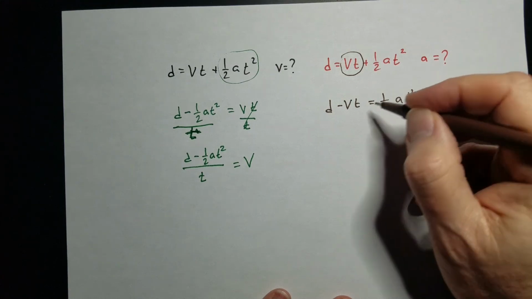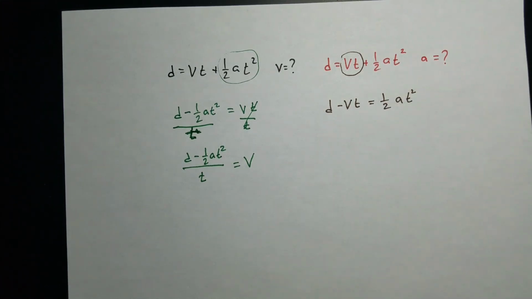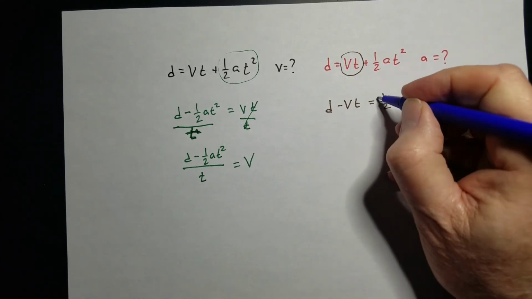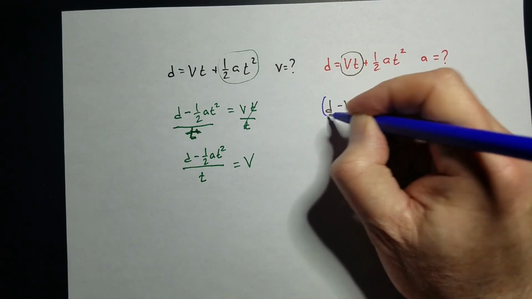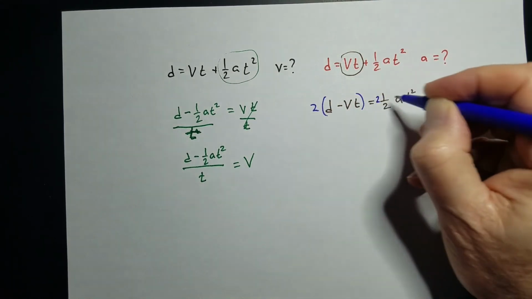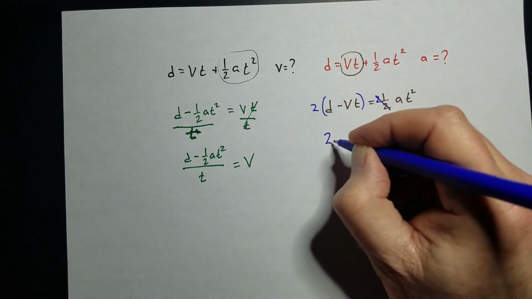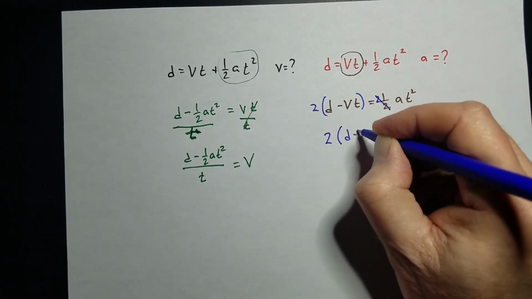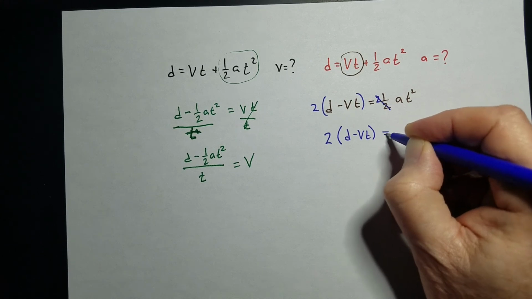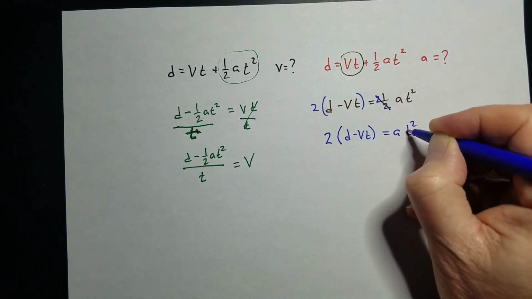I want to go ahead and get rid of that half, because we're working on getting a by itself. So I'll multiply both sides by 2, and it's both whole sides by 2. So that 2 and that cancel out. So we get 2 times the quantity d minus vt equals at squared.